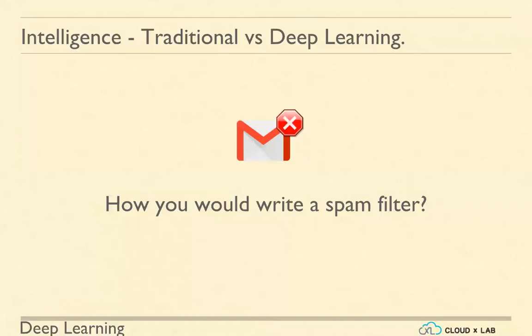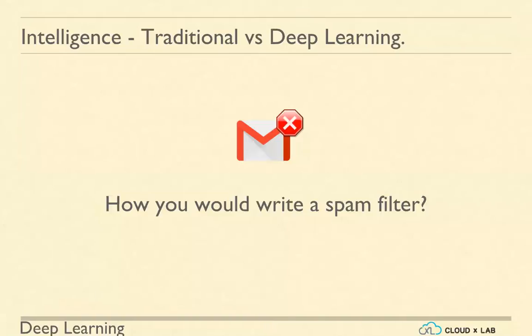Say, for example, you want to write a spam filter. Say your task is to write a spam filter, maybe for emails, maybe for SMS, and your job is to figure out how to build the most efficient spam filter.